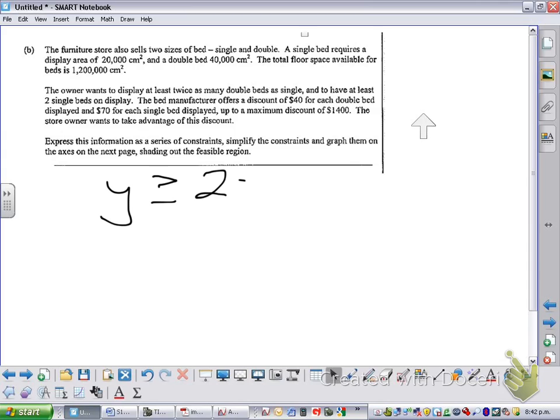So that equation is that Y is greater than or equal to 2X. This is where people get into trouble with this one, because they want to make it X is 2Y, but it's not. At least twice as many double beds as single. So Y is greater than or equal to twice X, double X.